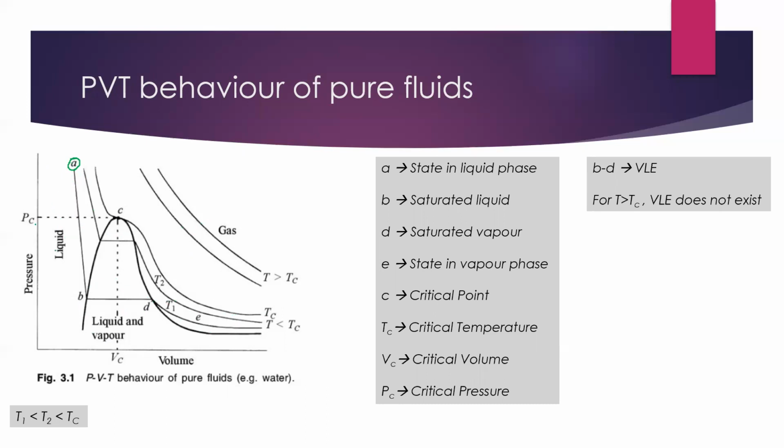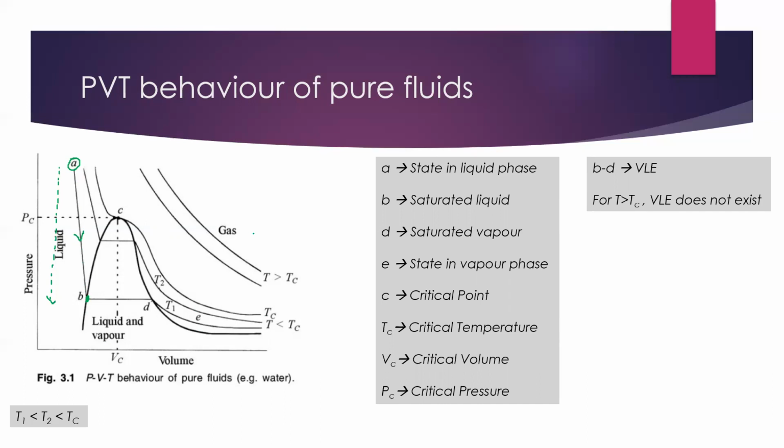Now what I'm doing is reducing the pressure on this. As I reduce the pressure, it moves from A to B. As you can see, I've reduced the pressure so much, but still the volume change has been almost negligible.